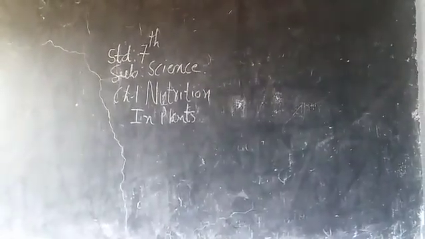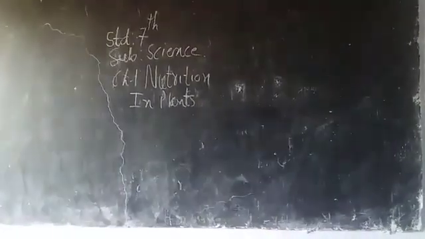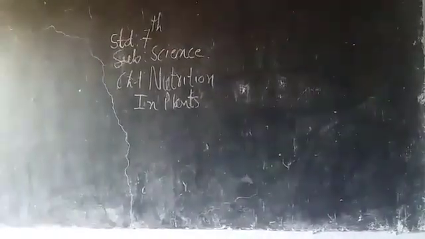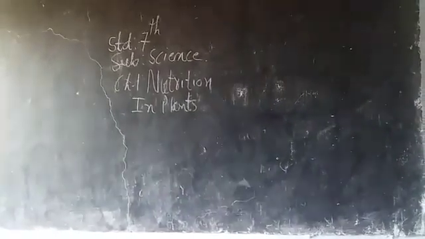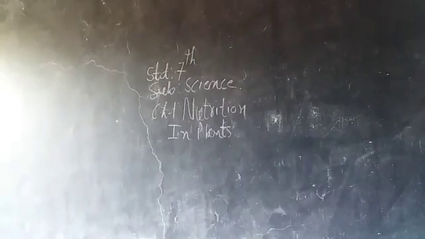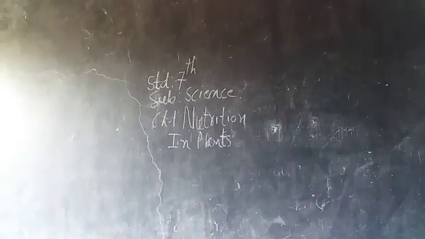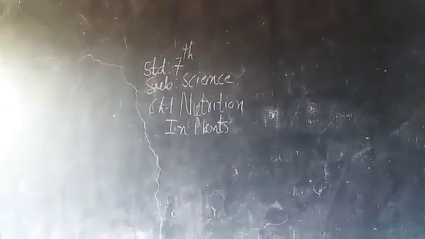Farmers add nitrogen fertilizer in soil. Such soluble forms of nitrogen are absorbed by plants. Thus, protein synthesis occurs in plants through metabolism of carbohydrates with nitrogen.